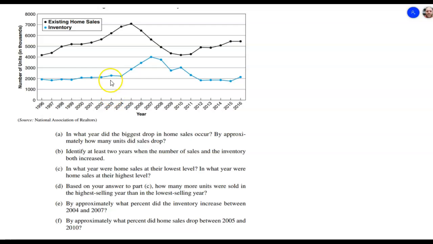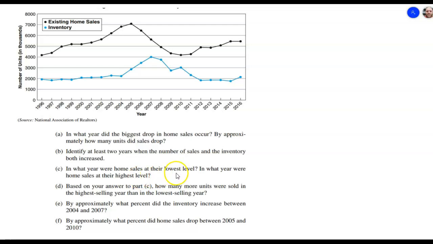It looks like in 2003, you can see that the inventory increased and the home sales increased. 2002, it looks like they both increased because it increased here and increased there. 2001, also, you barely increased there, but it also increased here. And there's a few different years. So go through those and see if you can find some more. It looks like in 2005, they both increased. So definitely take a look at that.